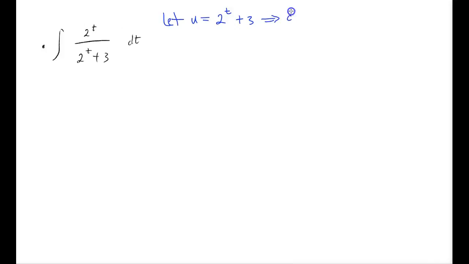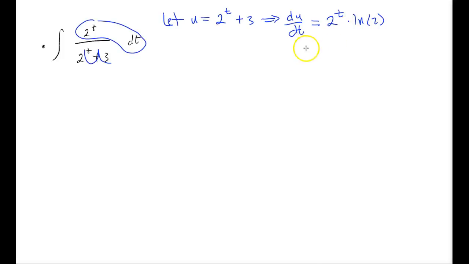And so that's going to imply that du over dt, because remember our variable now is t, is going to be equal to 2 raised to the t natural log of 2. Of course, our goal here is to figure out, since we're going to name all of this u, how we can replace this part.